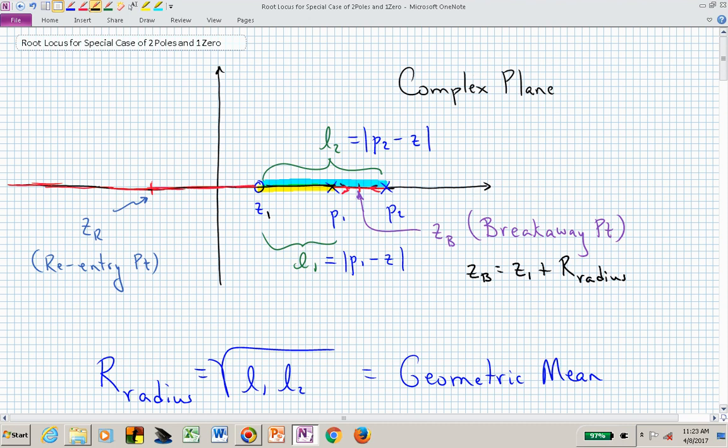This breakaway point now establishes the radius, where the center of the circle is Z1. The radius now gives us, and I'm not sure that I'm going to be able to sketch this.